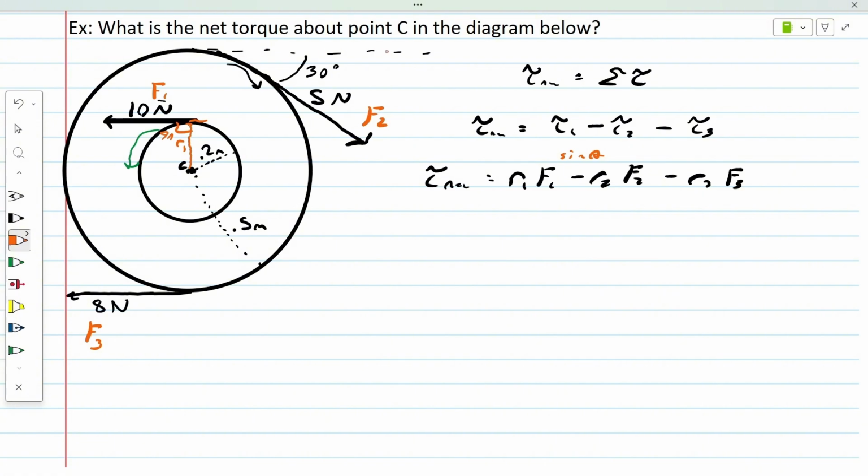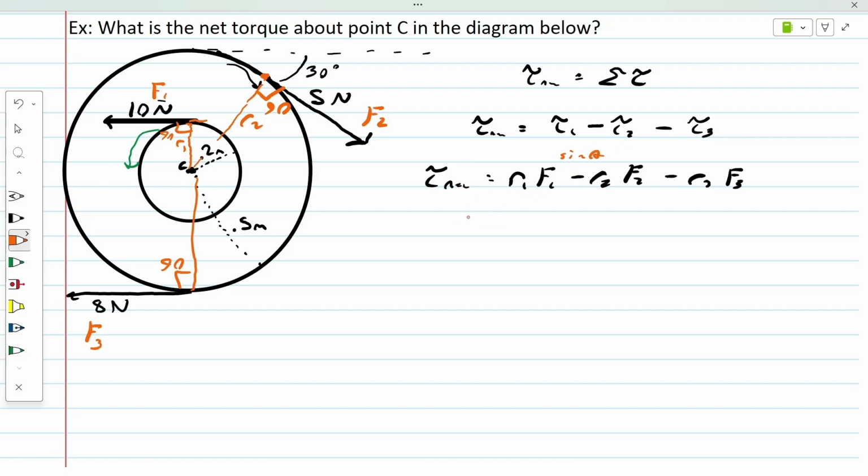This top doesn't mean anything. We just care about where this force is on the circle, and there's this radius here, radius 2, and this angle is also going to be 90, and same thing for this force. And since all these are 90, sine of 90 is just 1, we can just disregard the sine of theta because it's perfectly perpendicular to the radius. Okay, so that's why we don't need that.